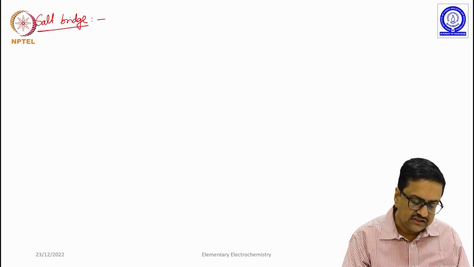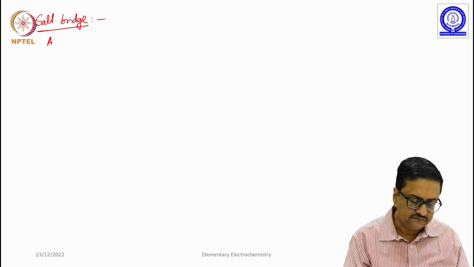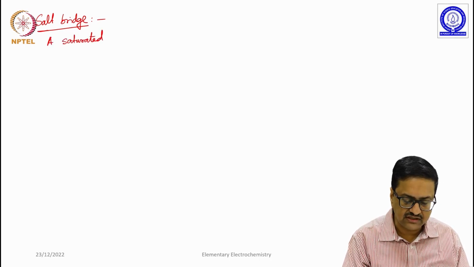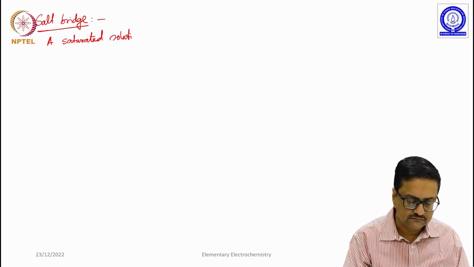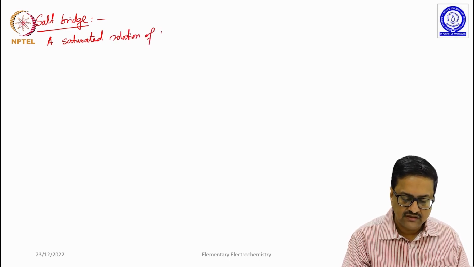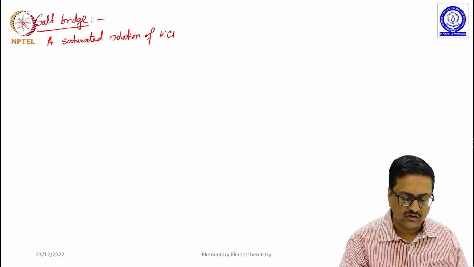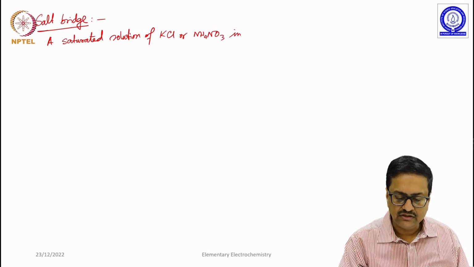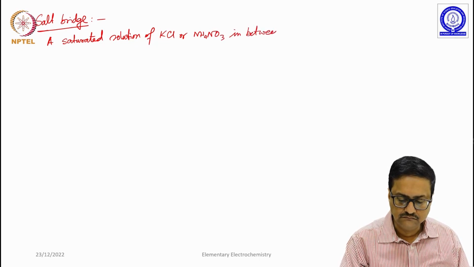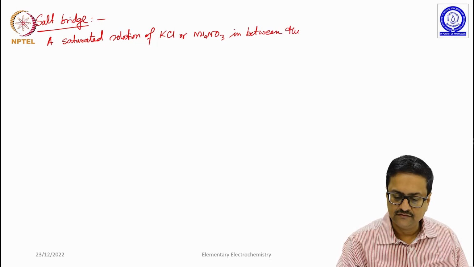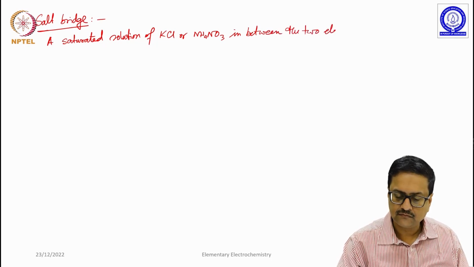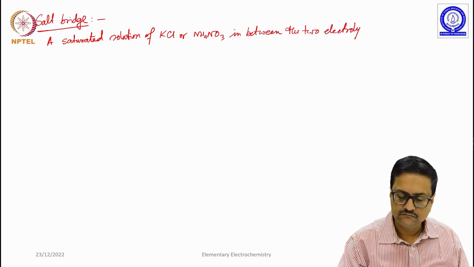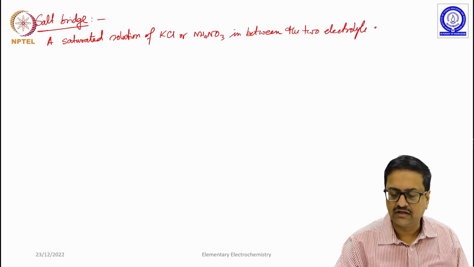So, what we use is a saturated solution of KCl or NH4NO3 in between the two electrolyte chambers.